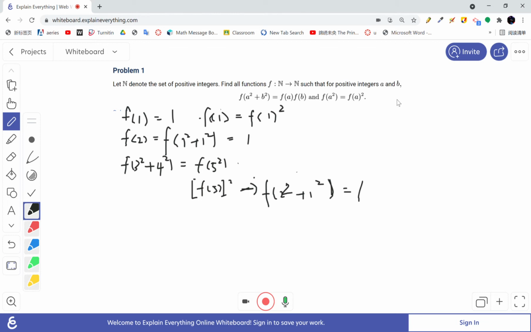And f of 6, we can use the same trick. We know that f of 3 and f of 4 are all equal to 1.